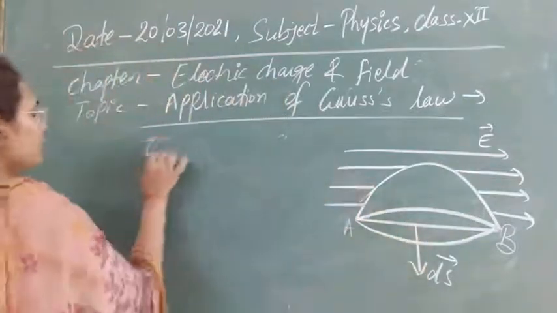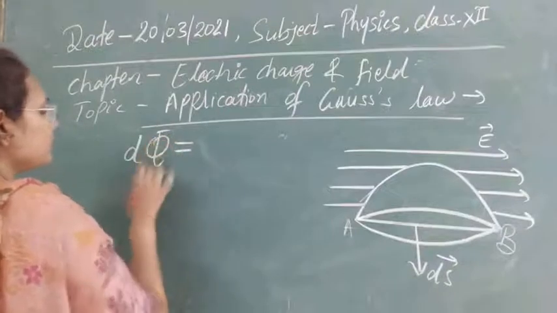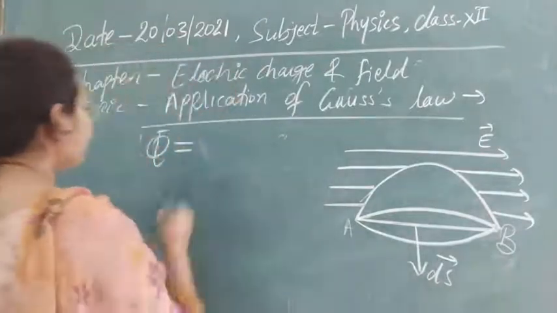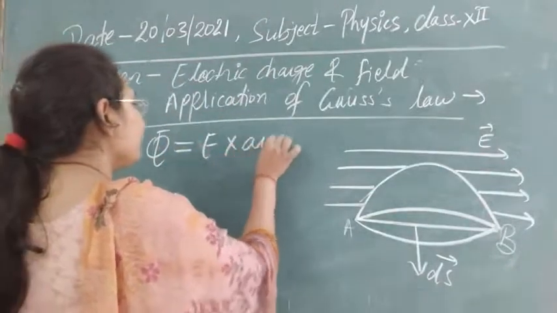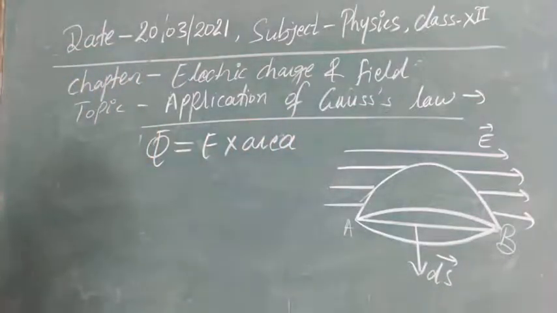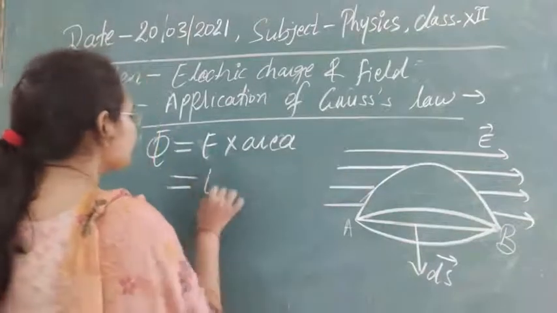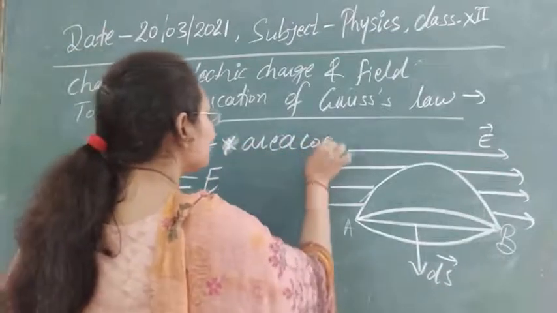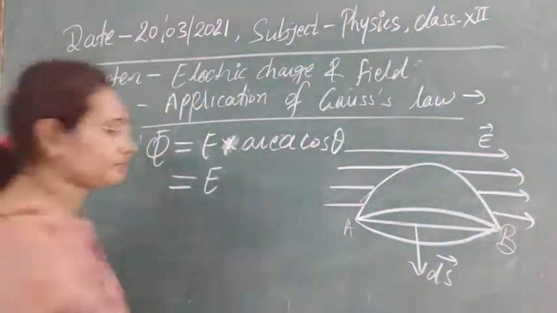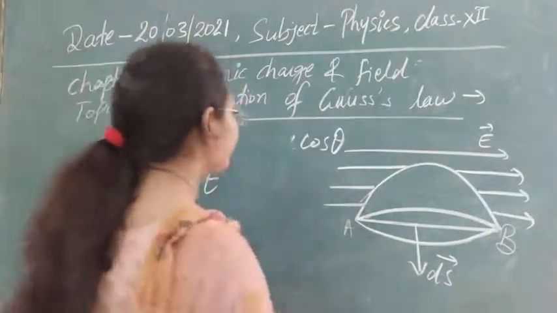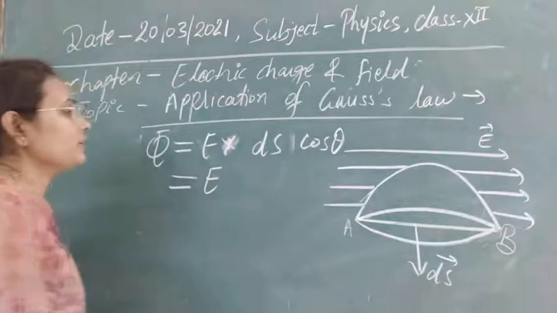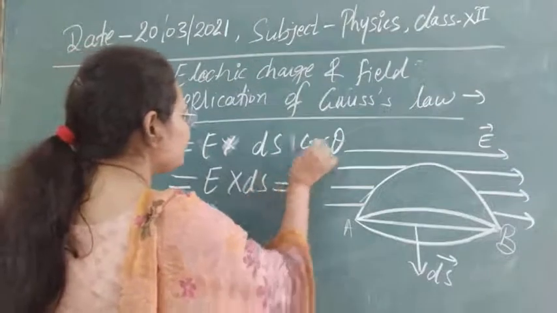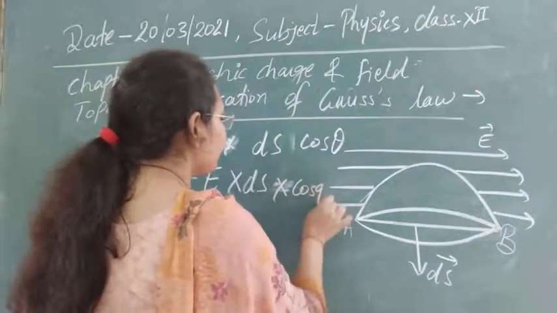Now the flux phi, or d phi, is electric field into area, E dot ds, which gives E ds cos theta, where theta is the angle between the area vector and the electric field. Here it is cos 90 degrees.